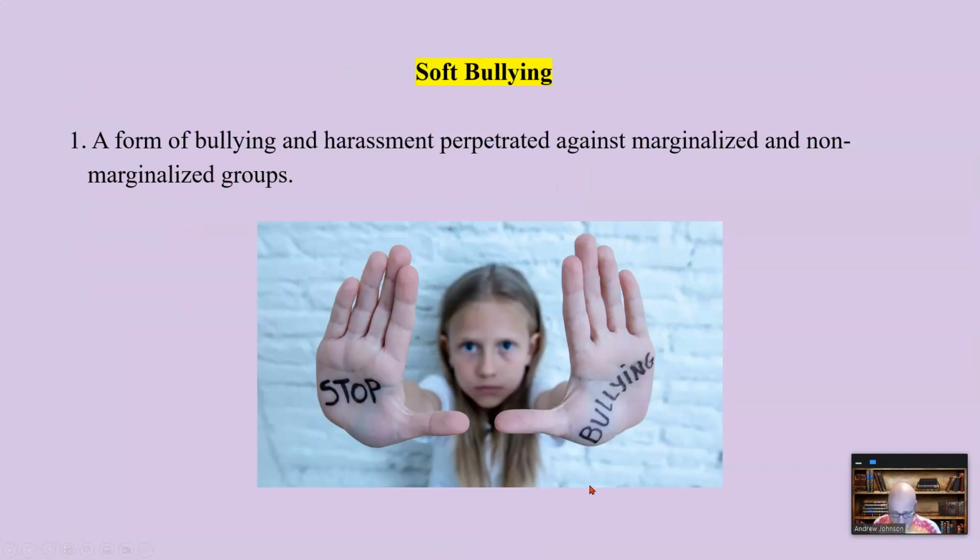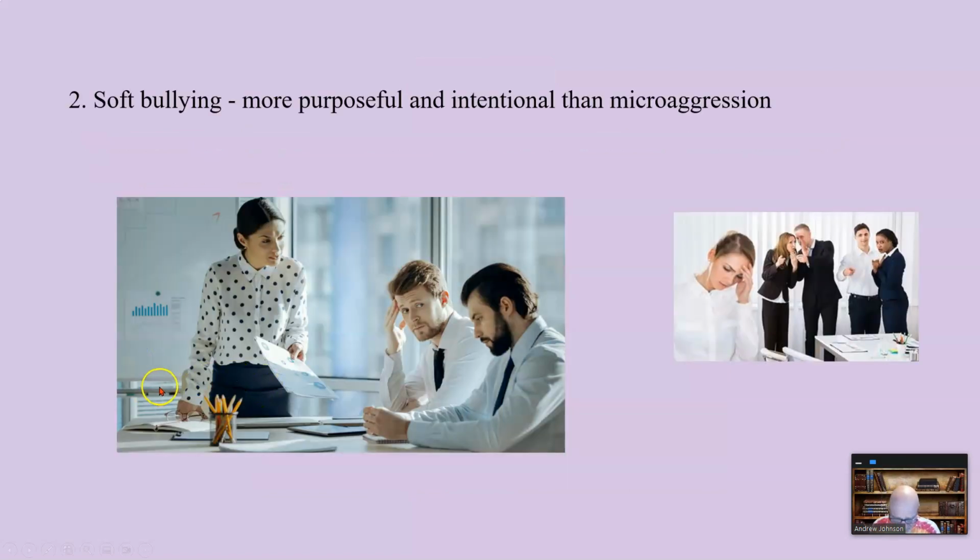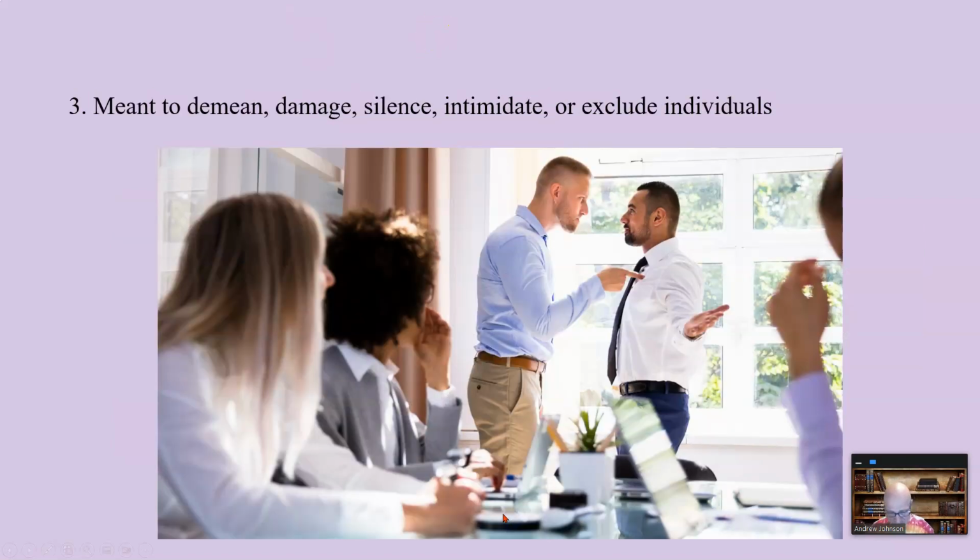Now, soft bullying is a form of bullying and harassment that's perpetuated against marginalized as well as non-marginalized groups of people. Soft bullying tends to be more purposeful and intentional than microaggression. It's meant to demean, damage, silence, intimidate, or exclude individuals.